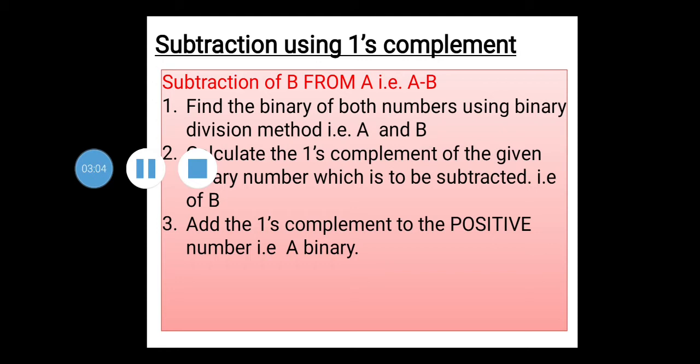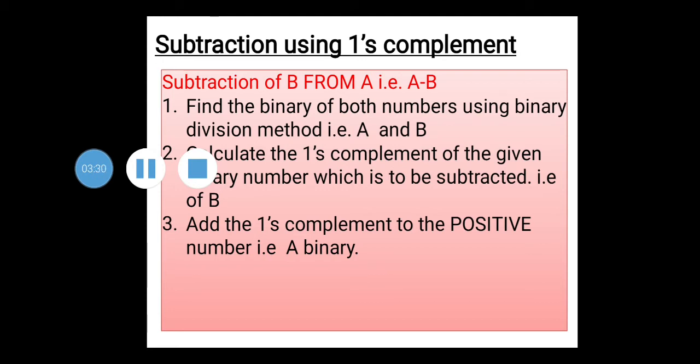That means, after converting a into binary, the total number of bits is 5, and after converting b into binary, the total number of bits is 4. Then you have to add 0 in the MSB bit position to make the bit length the same. So a is of 6 bits, so b should also be of 6 bits. This is very important, so you have to remember this.